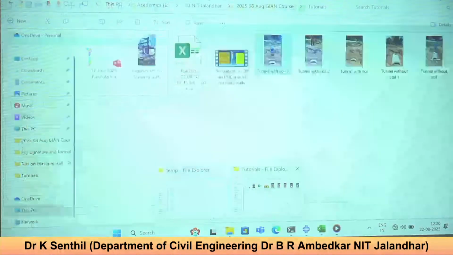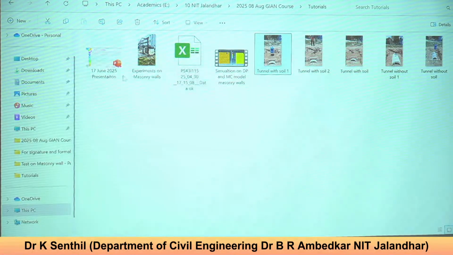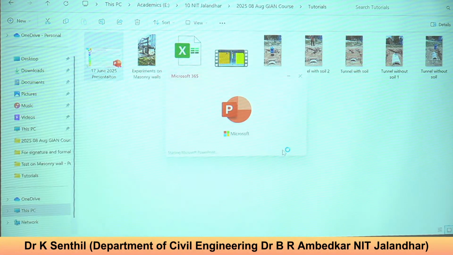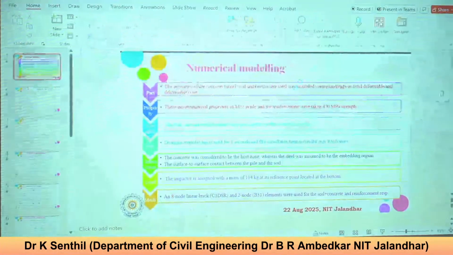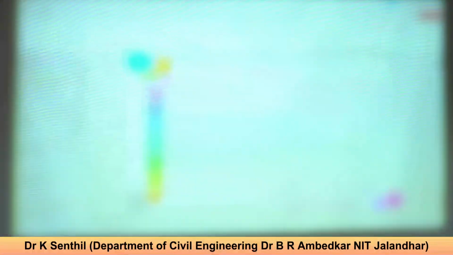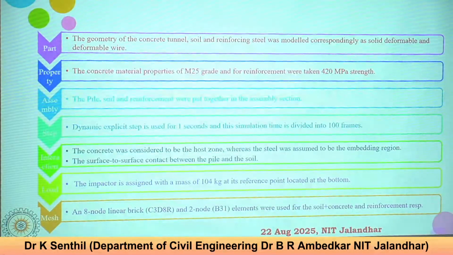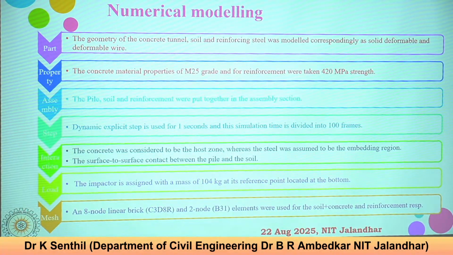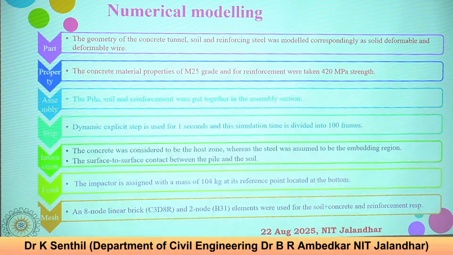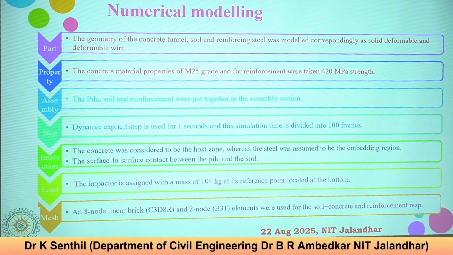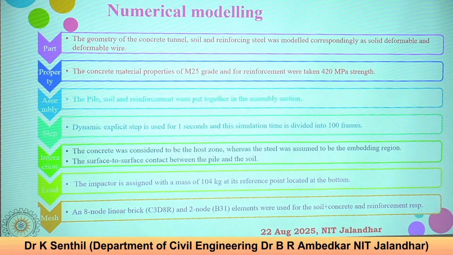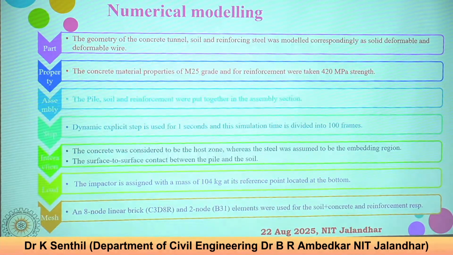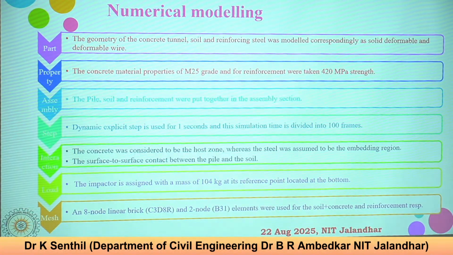By the time we'll go through this PPT. If you look at the part module, you have to model the elements part-wise. Then there is the property module, where you model the properties, then define the section and assign it, and then come to the assembly. You can assemble both the reinforcement as well as steel, concrete, whatever it may be.